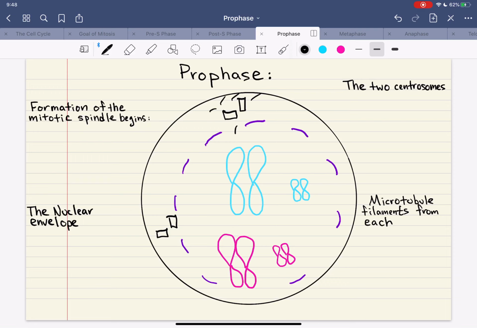And one thing that starts to happen with these centrosomes is the microtubule spindle fibers start to elongate. So we start to build more of them. And as they elongate, they get long enough where they actually can latch onto a chromosome and grab it. And remember, the part of a chromosome that a microtubule filament latches onto is called the kinetochore. So I'm drawing the kinetochore as a little black dot.